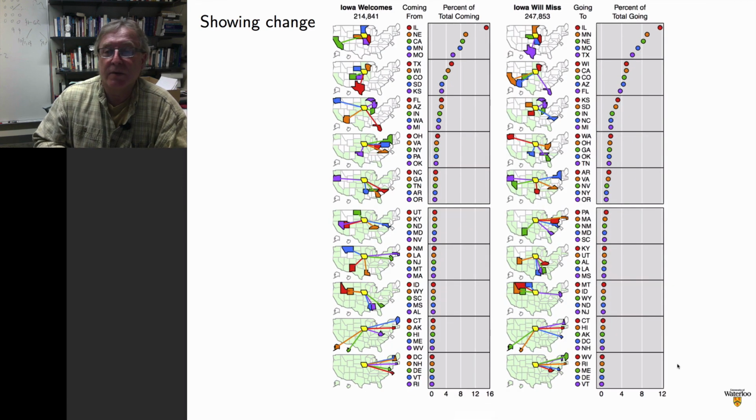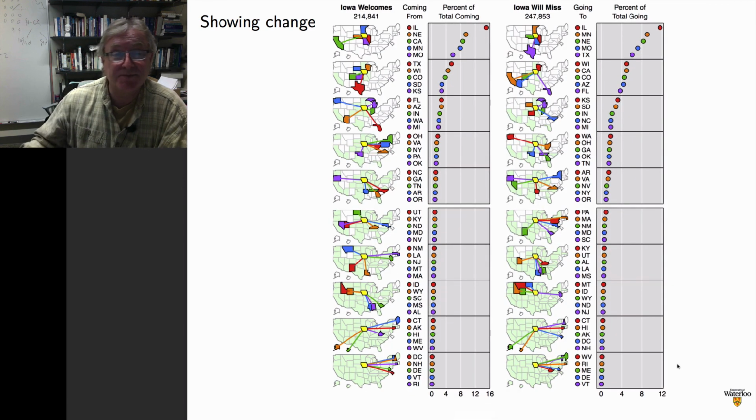So another way of showing change, looking here at migration patterns. This state of interest is Iowa, and we're looking at people that move to Iowa and people that move from Iowa, where they move to and from. So if we're looking at Iowa welcomes, we see arrows connecting the states.